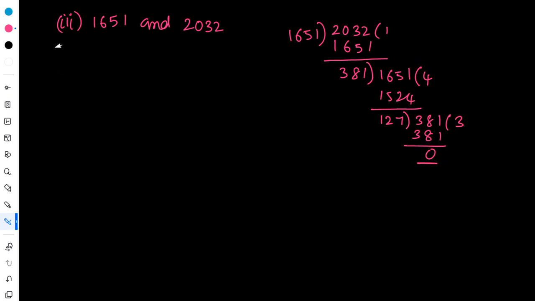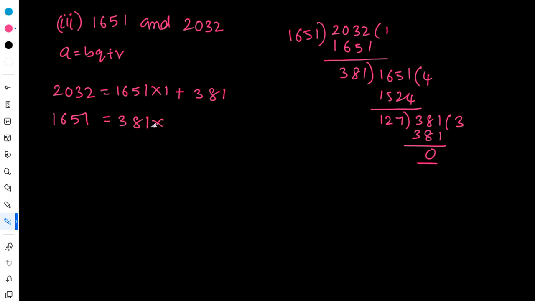Now write the Euclid's division algorithm in a = bq + r form. This is a. So 2032 equals 1651 into 1 plus remainder 381. Now write this: 1651 equals 381 into 4 plus remainder 127.